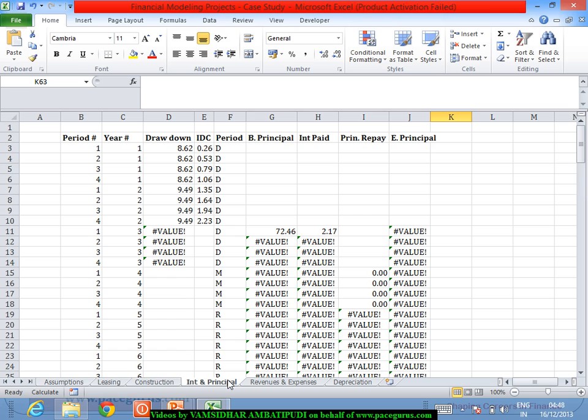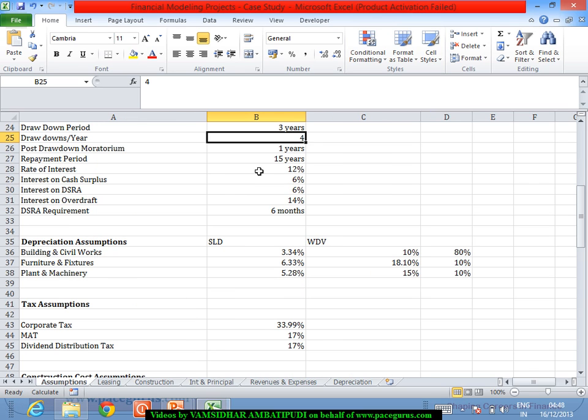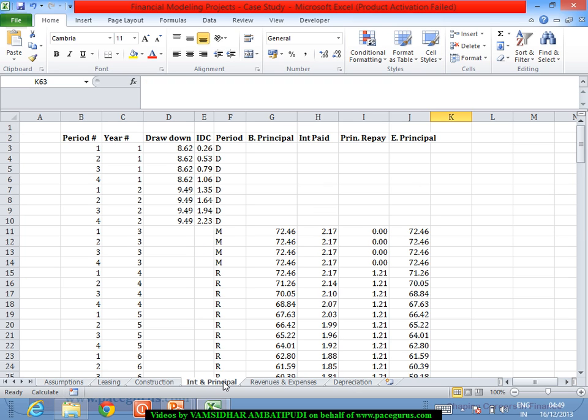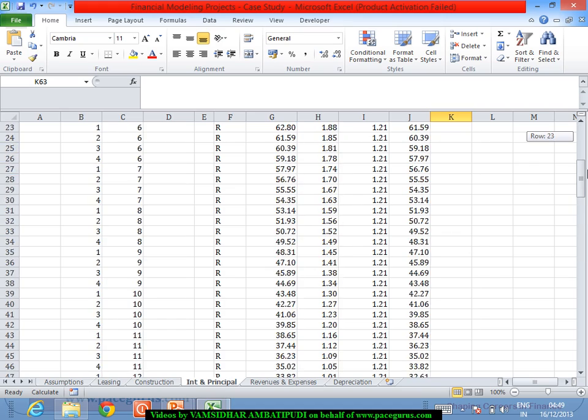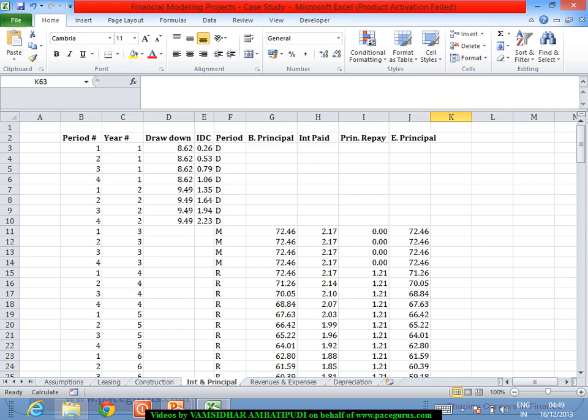When I come back here, alright, okay, let's keep the drawdown period as 2 years only, because we have to adjust even all the numbers above. So if I say the repayment period is 15 years, you could see that the numbers got updated, up to the 18th year, and the principal repayment part has actually come down.